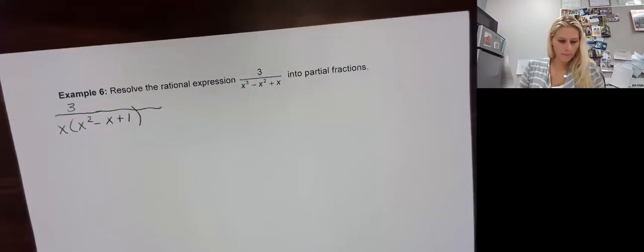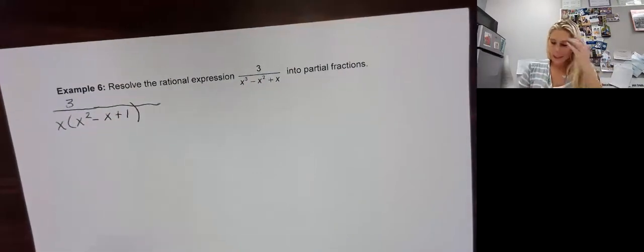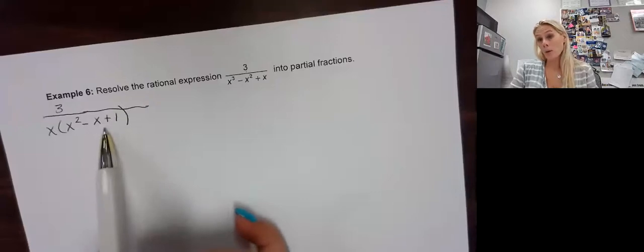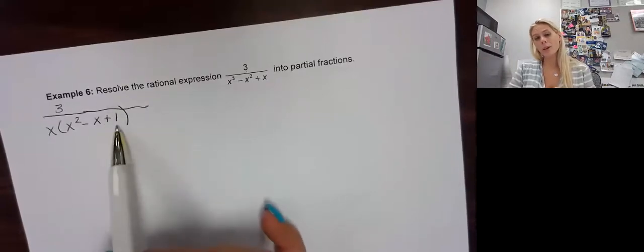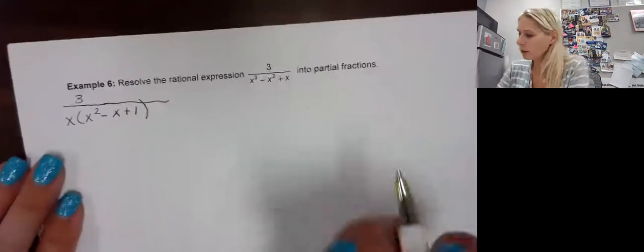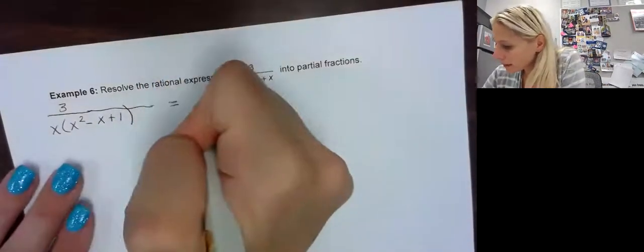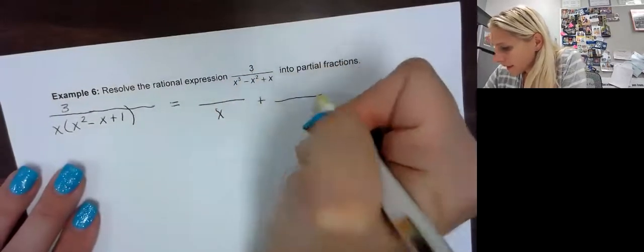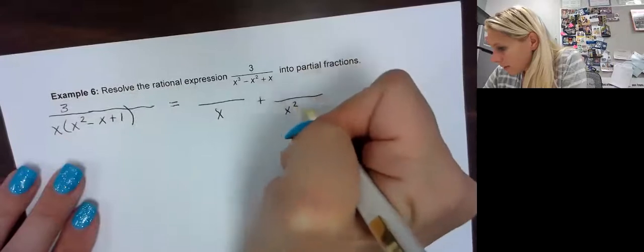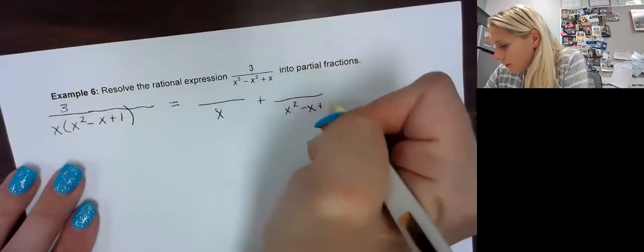There we go. Okay. In this case, though, this cannot be broken up anymore, right? There is nothing that's multiplied to give you 1, but added to give you negative 1. So when we split this up, we see the two factors. We see x, and we see x squared minus x plus 1.